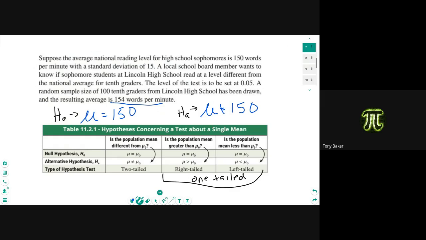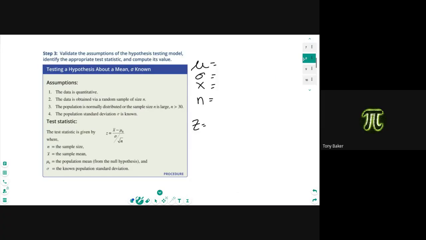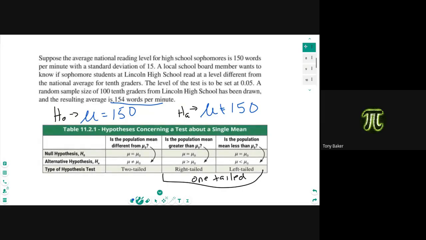The nice thing is it'll always be your null hypothesis. So my mean is 150. What's the standard deviation? 15. Now, we need to look at two different possibilities, right? Because we have two different types of graph or two different types of tables. Is that the population standard deviation or the sample standard deviation?